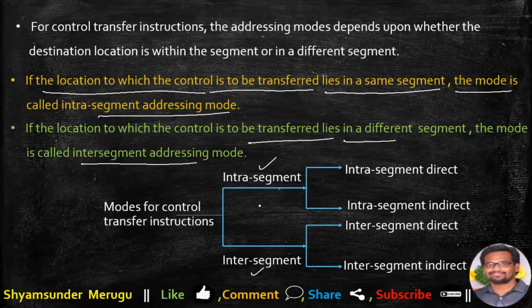And in intrasegment and intersegment addressing modes, again we will be having two types. One is intrasegment direct, intrasegment indirect, and in intersegment we will be having intersegment direct and intersegment indirect. Let us see what actually they are and what are the examples for those types of addressing modes.